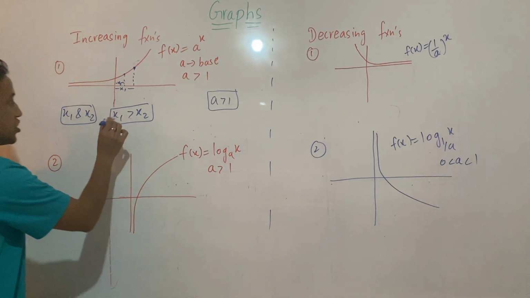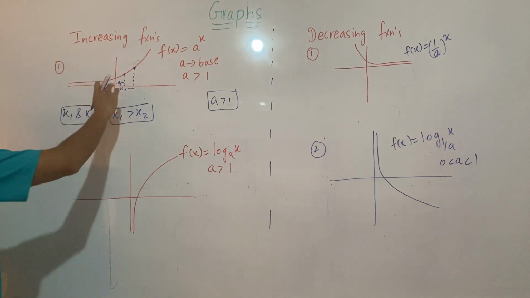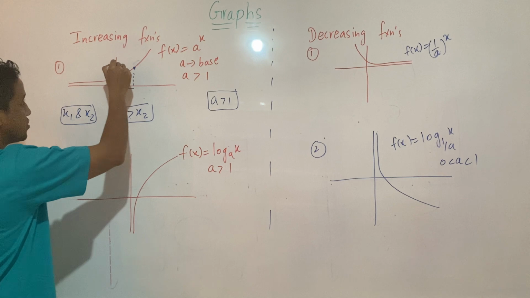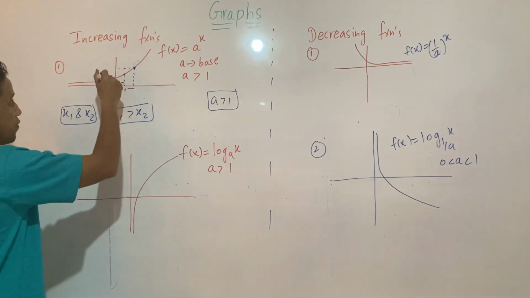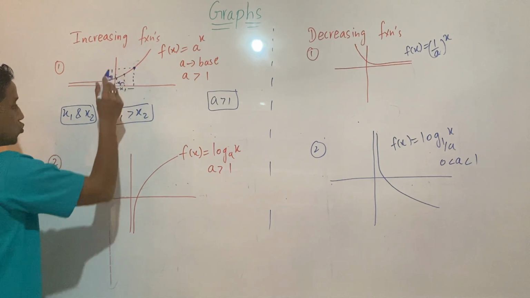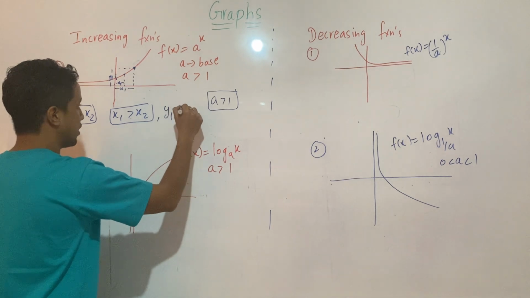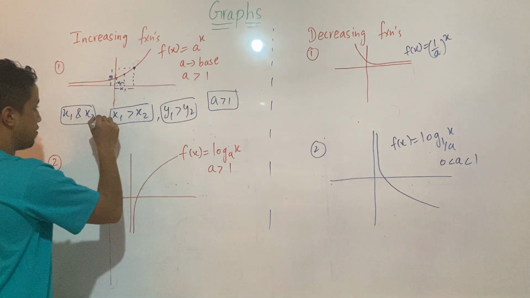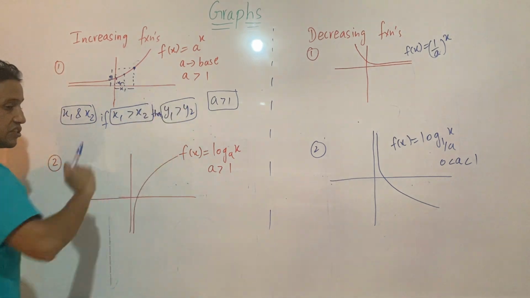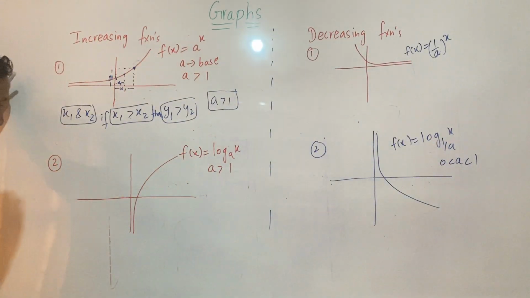So if you check the value of the function at both these points, this is the value y1 and this is your y2. So I can say that y1 is greater than y2. If x1 is greater than x2, then y1 is greater than y2. Same here, you can take any two values.